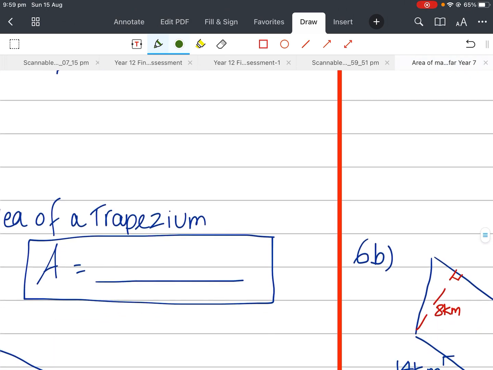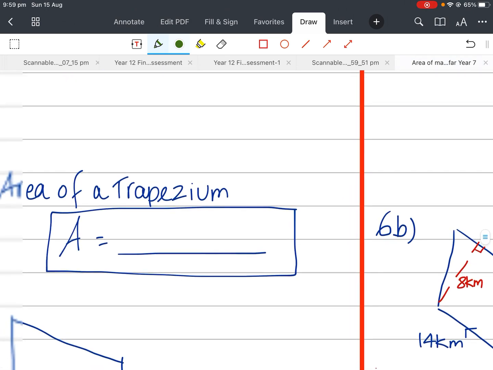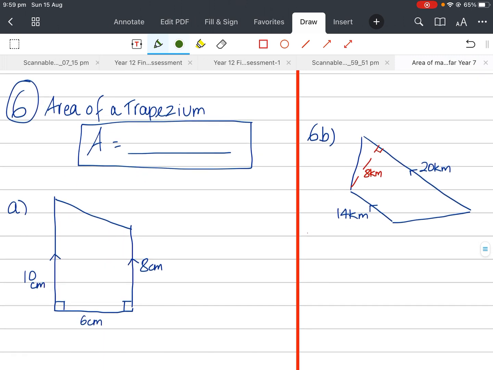Okay. Now, trapezium we did the other day. All right, and this one was a bit tricky, and the lady also did it on the video. All right, so what she did on the video was she cut the trapezium into 2 triangles, if you remember, like this. Okay?